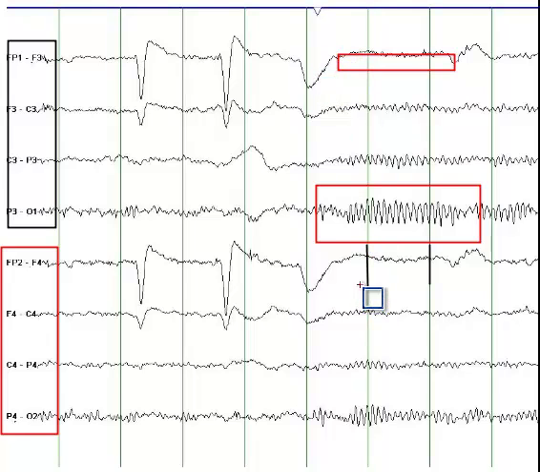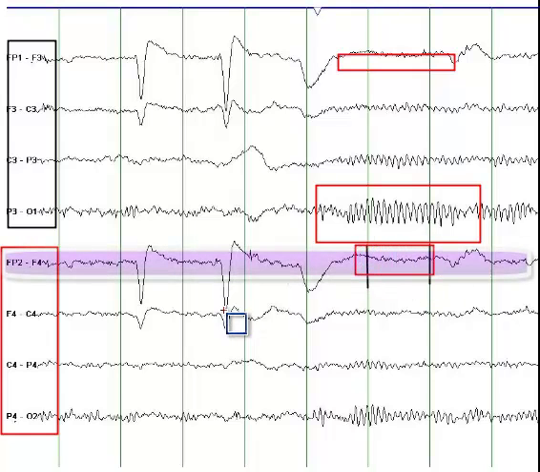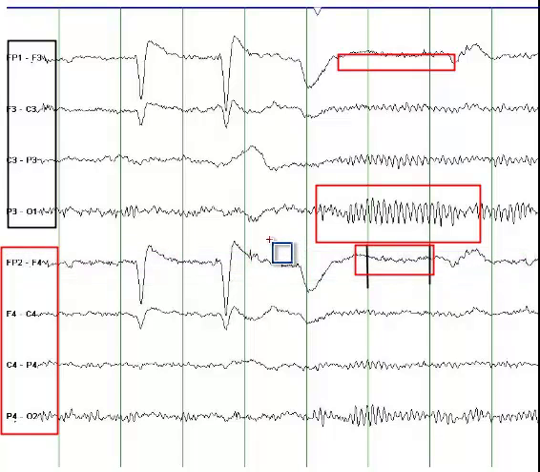Looking over here on the right side as well, you see this is beta frequency. So in a normal awake individual during quiet wakefulness, alpha frequency is in the posterior head region and beta frequency is in the anterior head region.